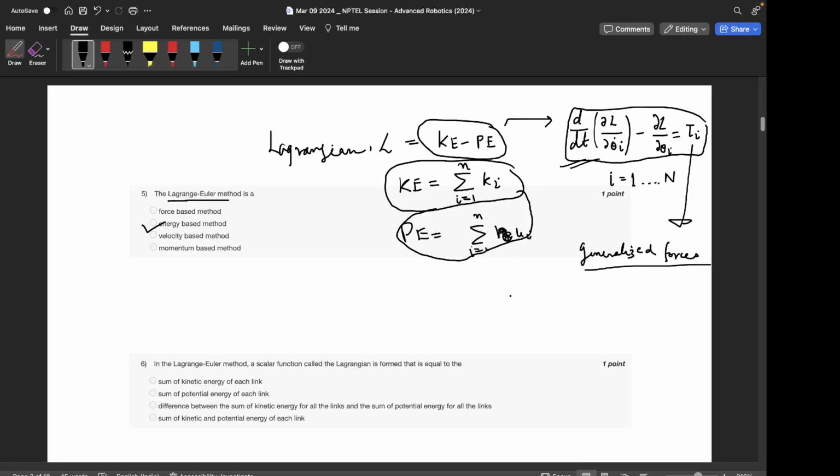So for, let's say, a 3R arm with 3 joints, the generalized forces vector would contain tau 1, tau 2, tau 3, the 3 joint torques. Similarly, if there is any prismatic joint, then a force would be there.